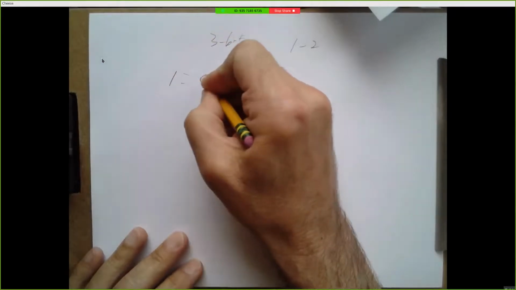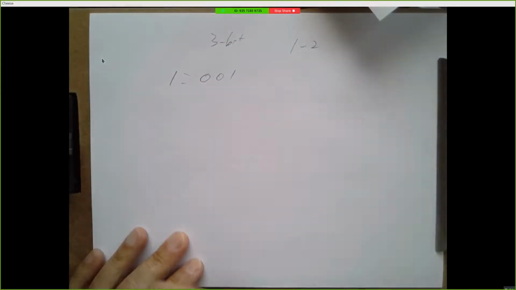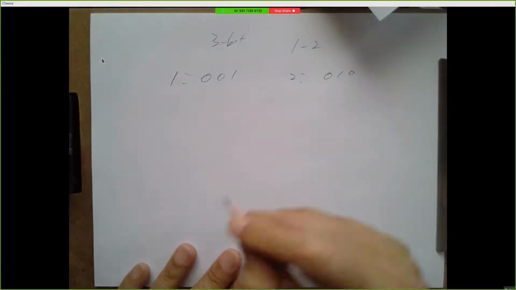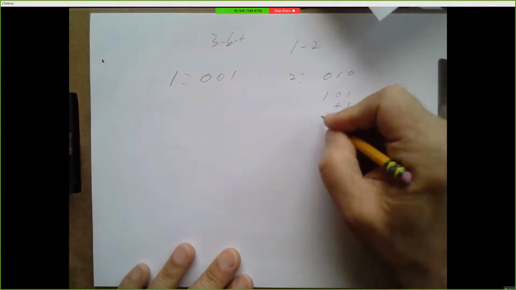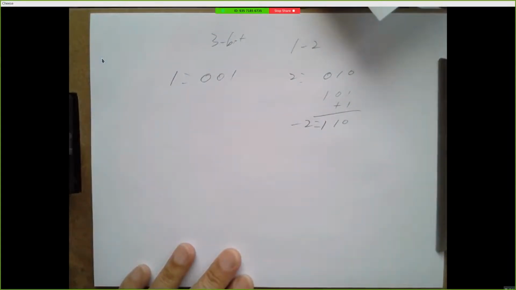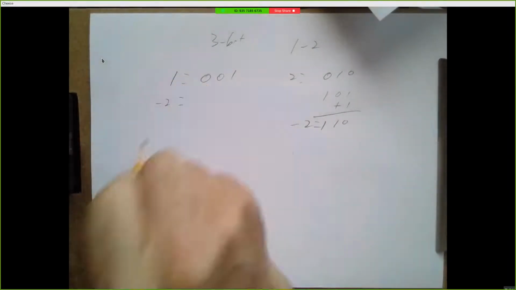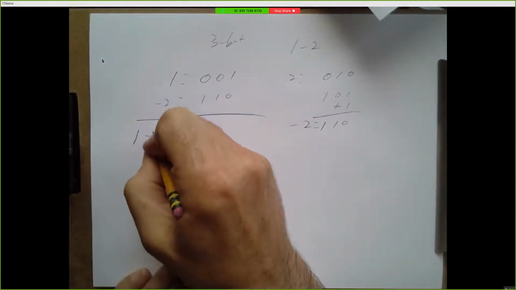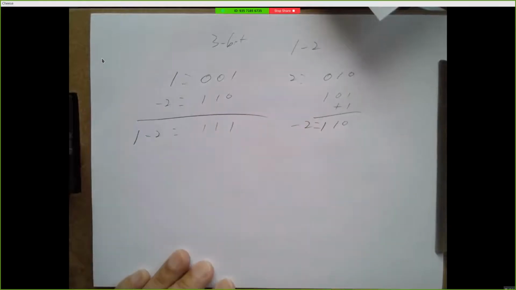Well, 1 equals this. 2 is equal to this. So if we complement all the bits and we add 1, this is what negative 2 looks like. And if we add those together, 1 minus 2 equals 1, 1, 1.